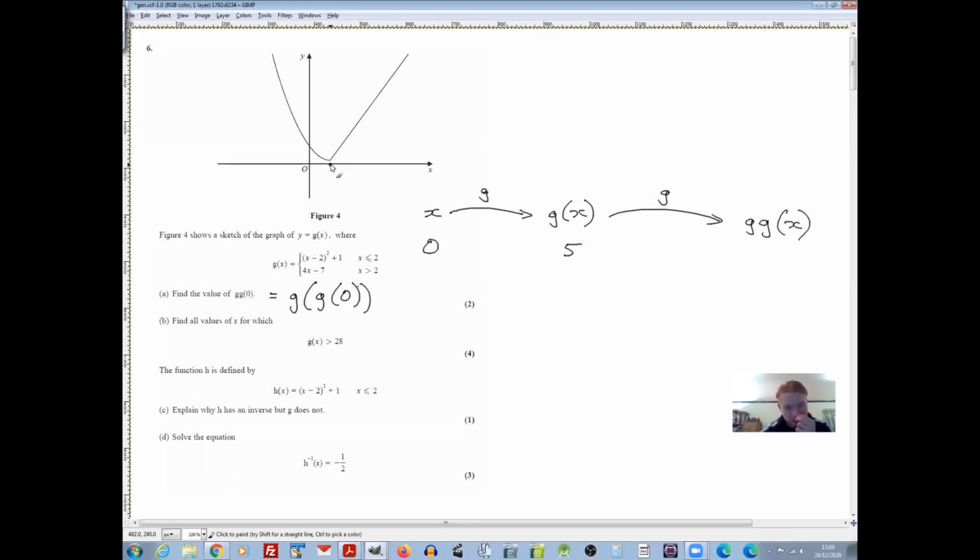The second one. Are we east or west of 2? It seems to be the critical question. We're in the bottom equation. This time we're using that straight line function, 4x minus 7. So that's 20 minus 7, which is 13.